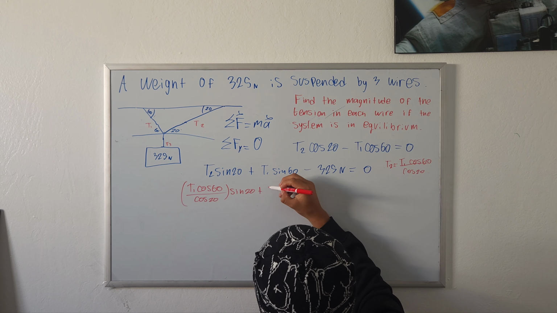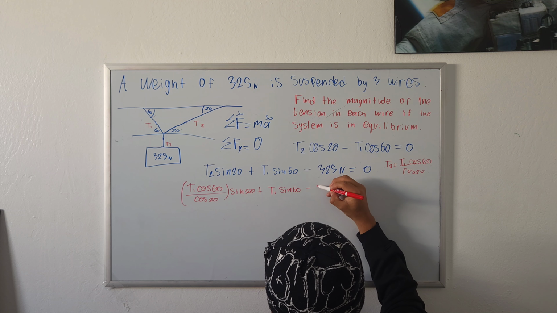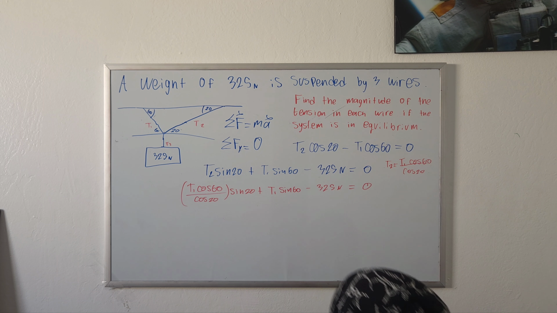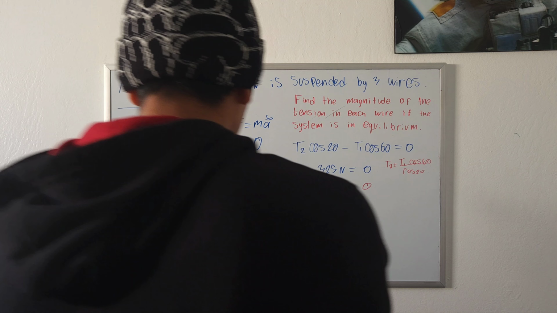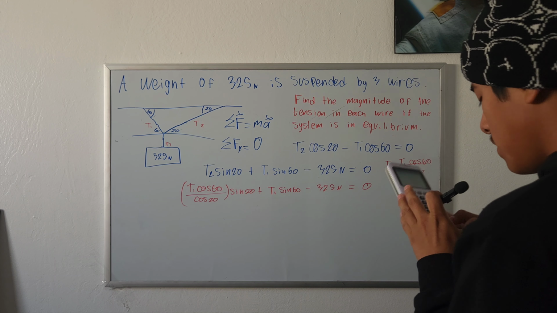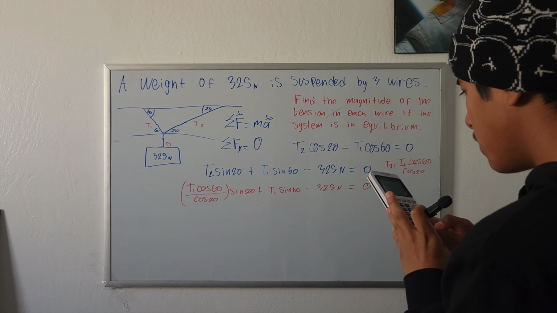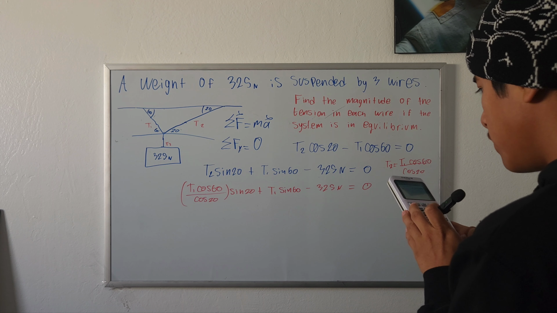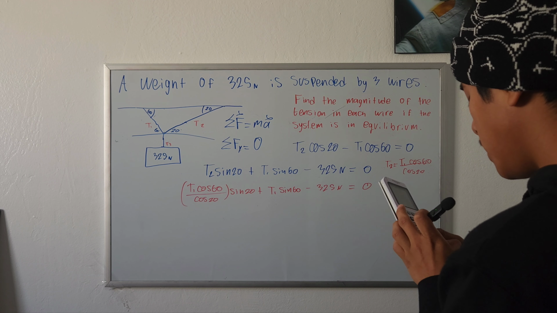And then we're adding T1 sine of 60 minus 325 newtons is going to be equal to 0. So I'm going to plug this into my calculator to get these values. So it's going to be the cosine of 60 over the cosine of 20. And then this value, you're going to multiply it by the sine of 20.